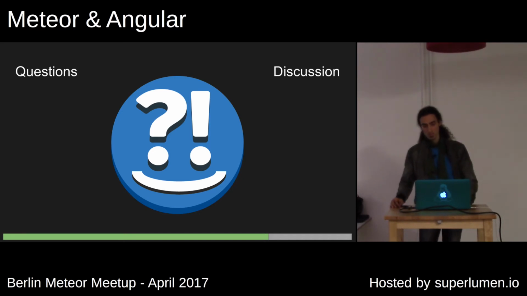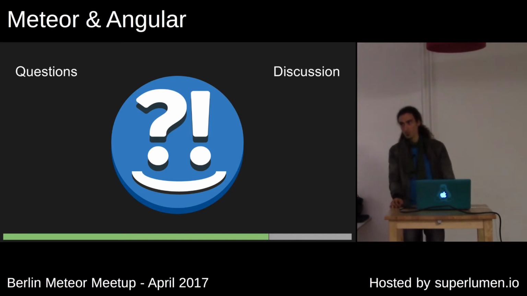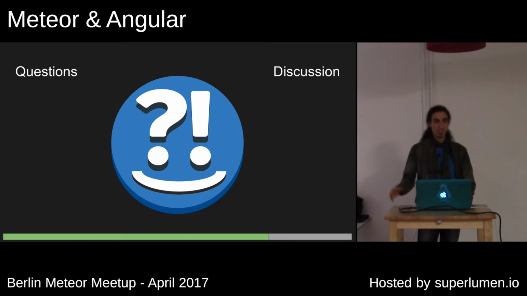So the question is, if I use this kind of stack, will I be able to change the look and feel of it, and how would that look? And the answer is yes, completely. You have access to all the native APIs, which under the hood also use Cordova and stuff.